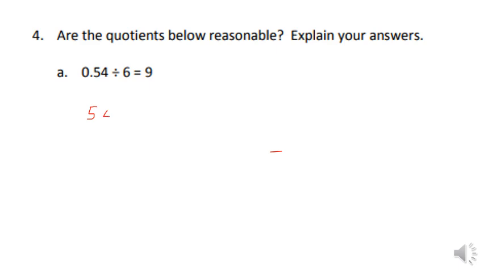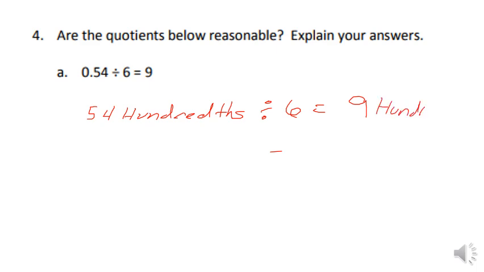So 54 hundredths divided by 6 equals, well, I know 54 divided by 6 is 9, because 9 times 6 is 54. But it's 54 hundredths divided by 6, or 54 hundredths divided into 6 equal groups, so that's going to be 9 hundredths.